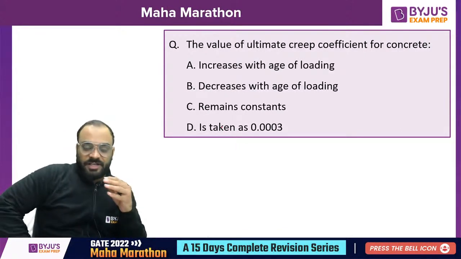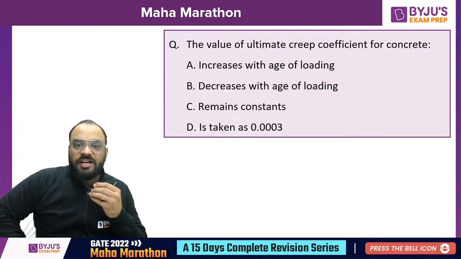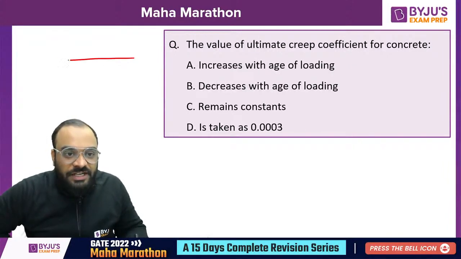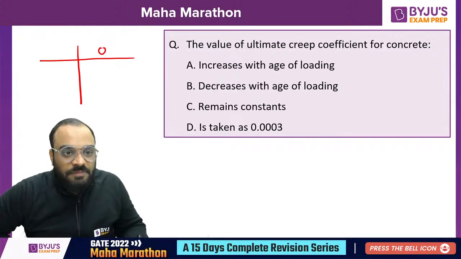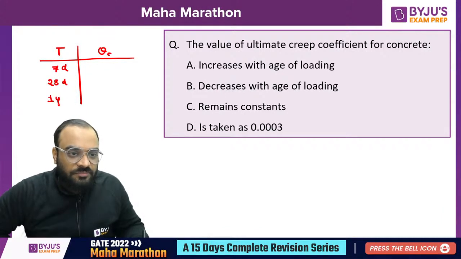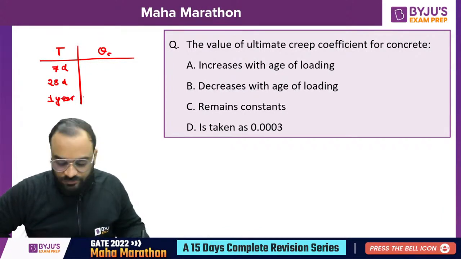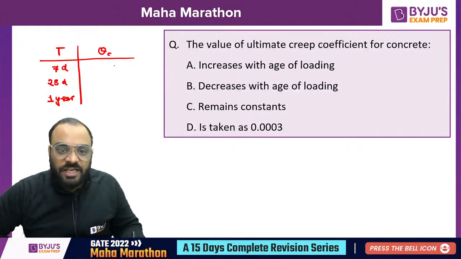The value of ultimate creep coefficient for concrete, and age of loading is 7 days, 28 days, 1 year. B, decrease with age of loading.